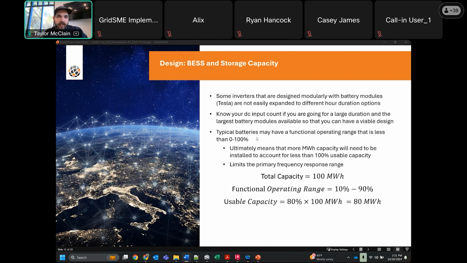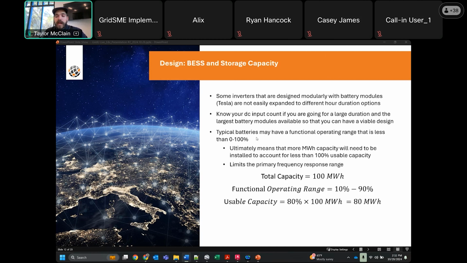Okay, so talking about BESS and storage capacity a little bit, something that we have seen recently is that typically the battery modules and inverters are a separate selection. For a lot of utilities, PTOs, and ISOs, we are seeing that they aren't even requesting the details on what battery module you choose.